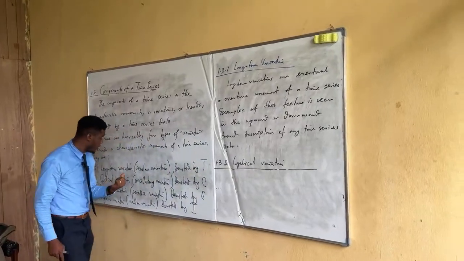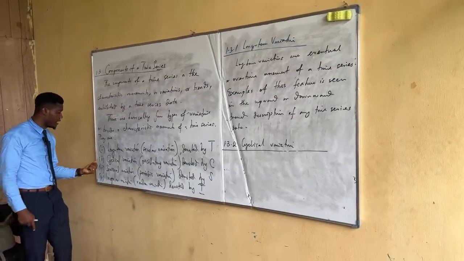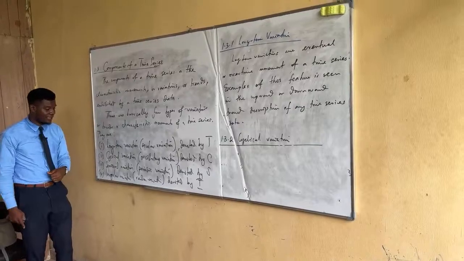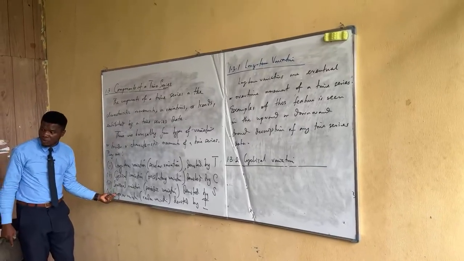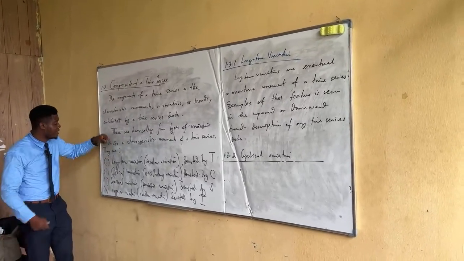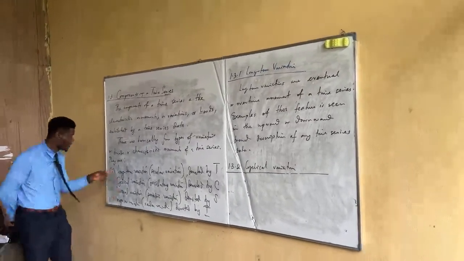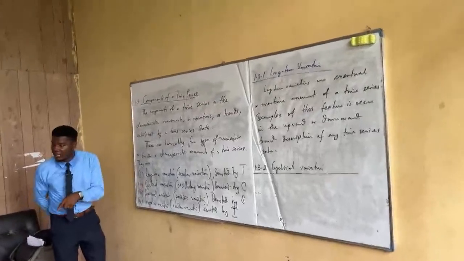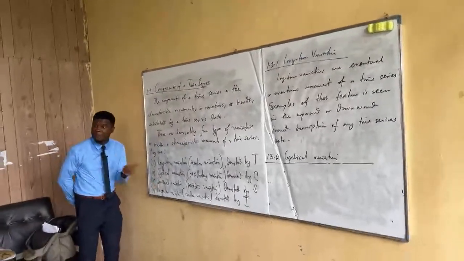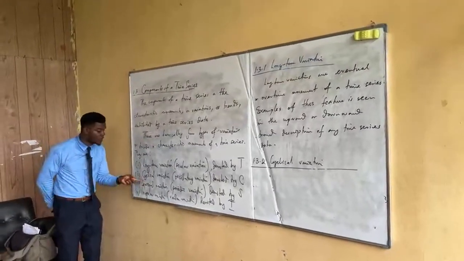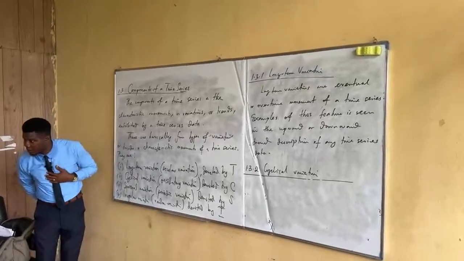It can still be oscillatory. It can still be seasonal. It can also be random. So being long term does not prevent the time series data from being cyclical. Being long term does not prevent it from being seasonal. Being long term does not prevent it from being irregular. Is it clear, everybody?